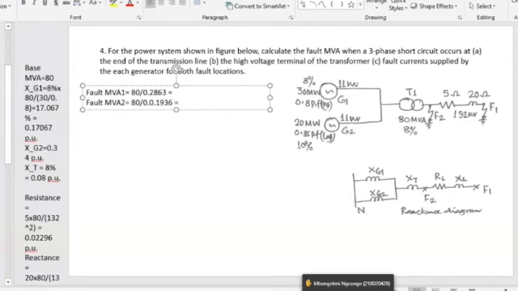So we can calculate these two MVAs. Can you calculate and tell me the values of these fault MVAs? You must have the answers in 20 seconds maximum, 10 seconds for each. 80 over 0.2863 and 80 over 0.1936.